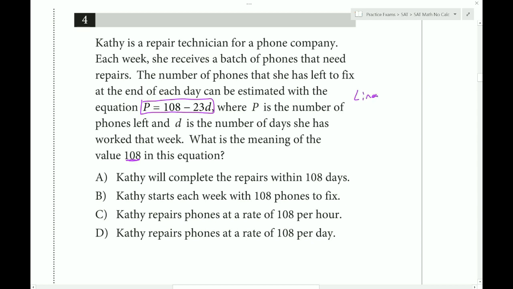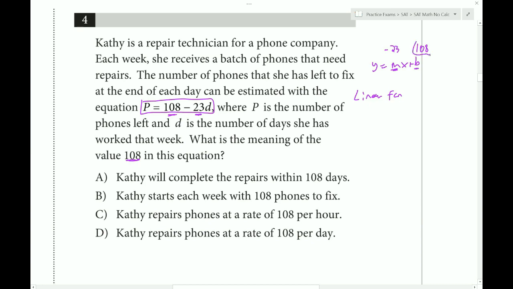So this is a linear function. We know it's linear because it's of the form y equals mx plus b, where m is the slope and b is the y-intercept. So we can interpret this negative 23 as the slope, and this value here, 108, is going to be our y-intercept.